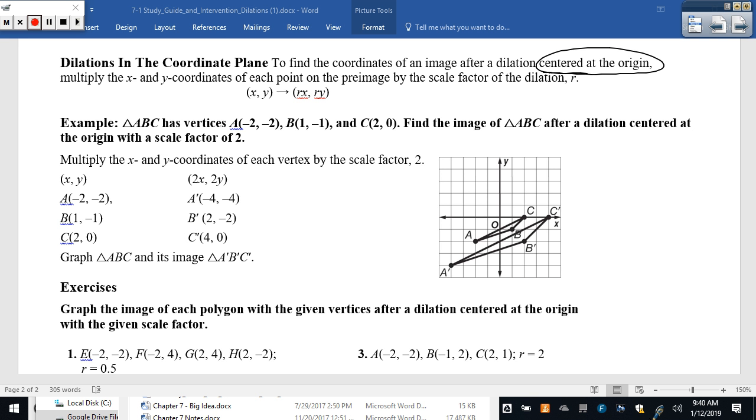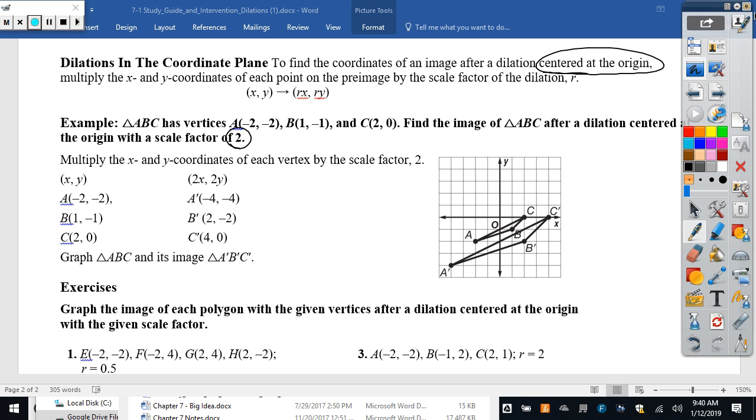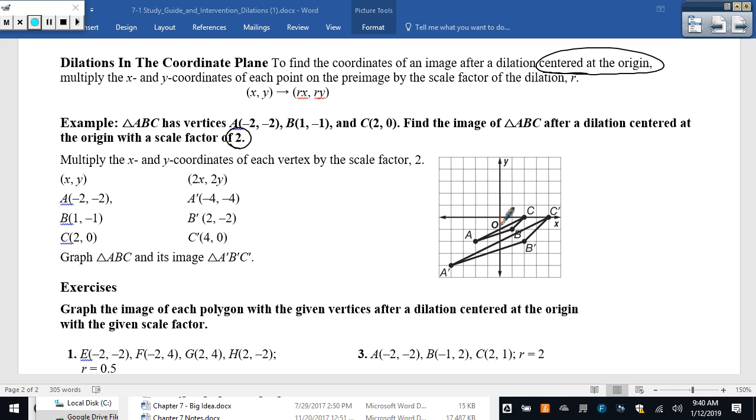Okay? So we have A, B, and C right here, and we're going to have a scale factor of 2. So what you should be thinking right now is that it's going to be twice as large. And so as they did, they took all of the x and y values and multiplied them by 2, the scale factor, and that gave you the new point. Now you can test this by doing this. This is my center of dilation.